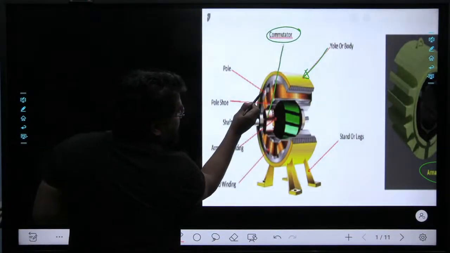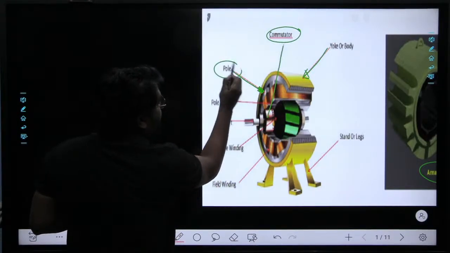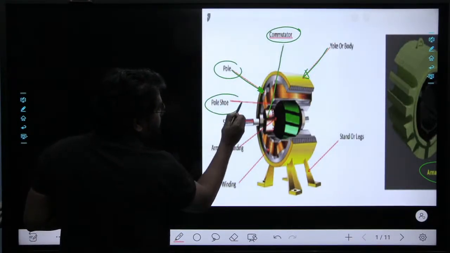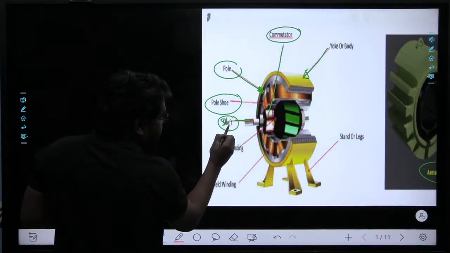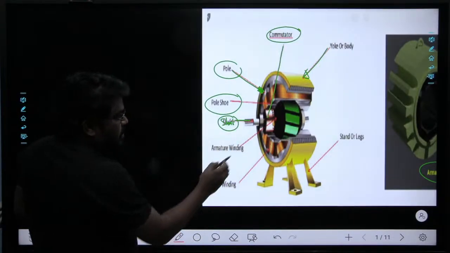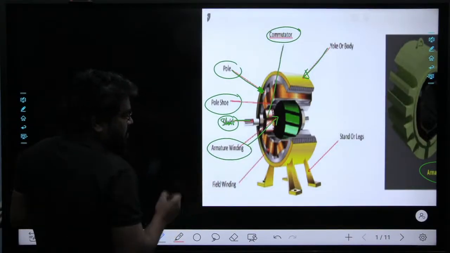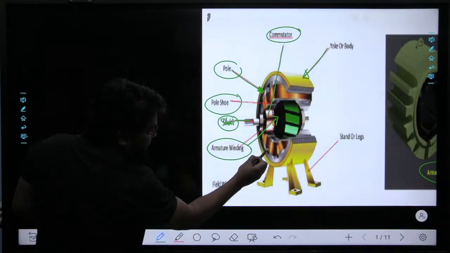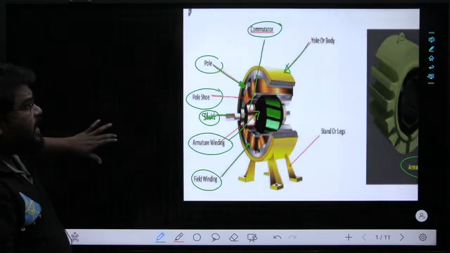Here a pole core, and here the pole shoe. This is the shaft of the machine, and here is the armature winding of the machine. This winding is the field winding of the machine. So this is the diagram point of view.